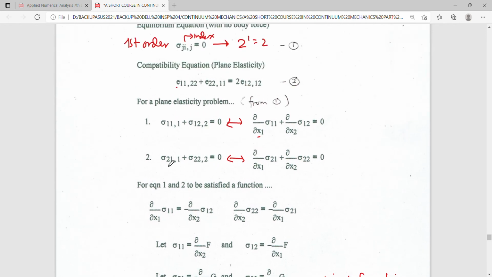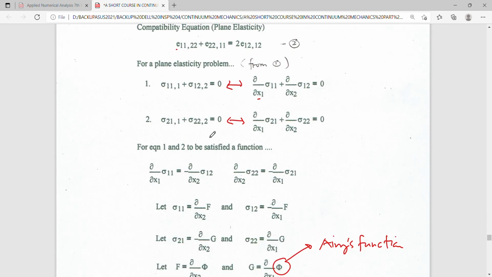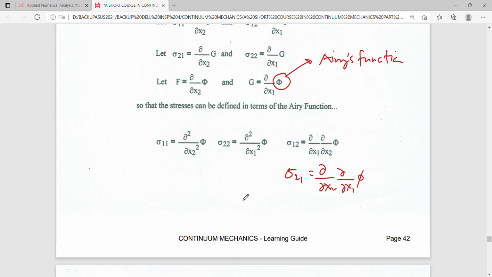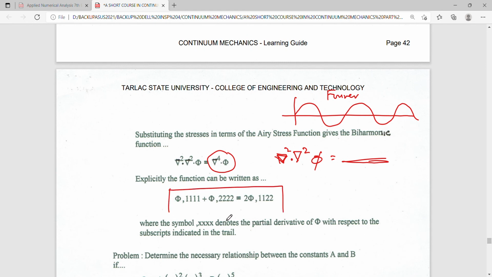Okay, so these are the two original equations coming from the equilibrium equation, and then making use of elimination or substitution by addition and subtraction, you can get this one here, this one, which is the shortcut of what this biharmonic function is all about.